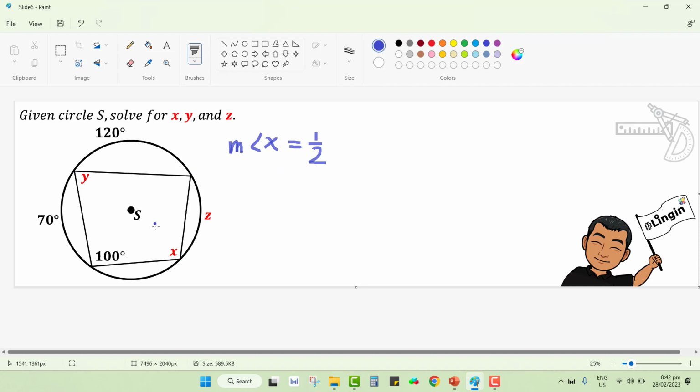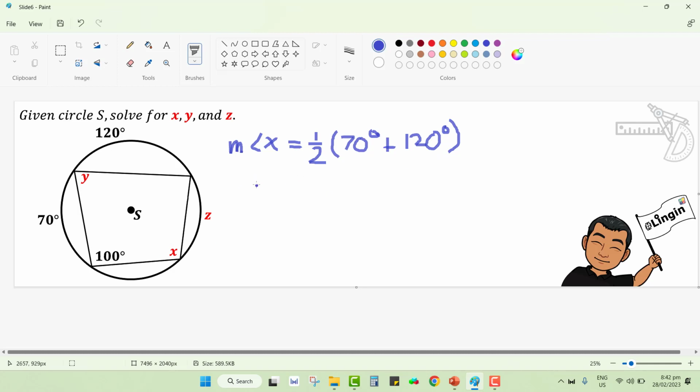So it should be 1/2 the combination of the arcs that measure 70 degrees and 120 degrees, because this is the entire arc that is the intercepted arc of angle x.